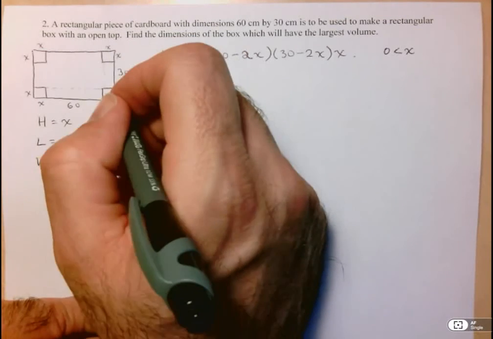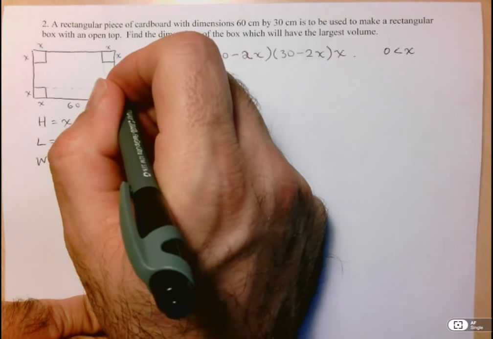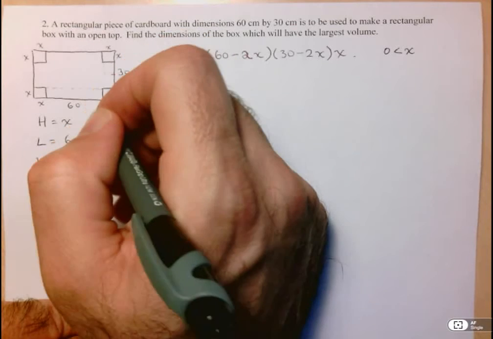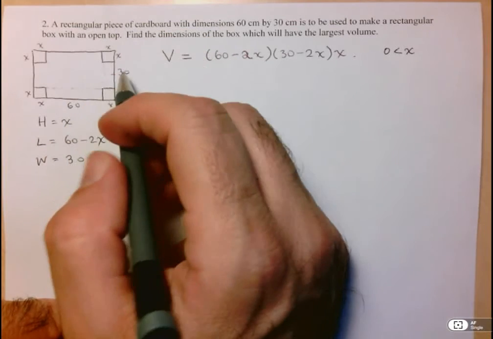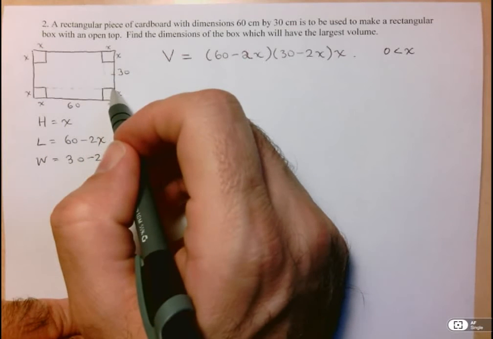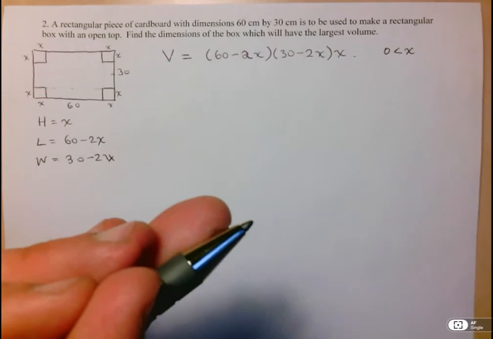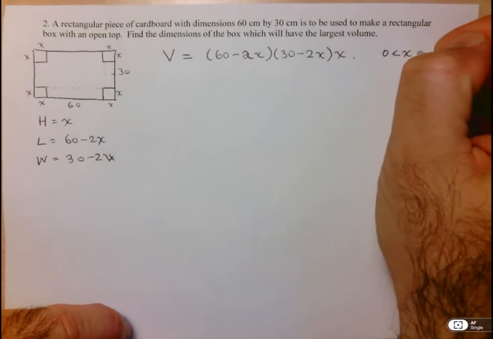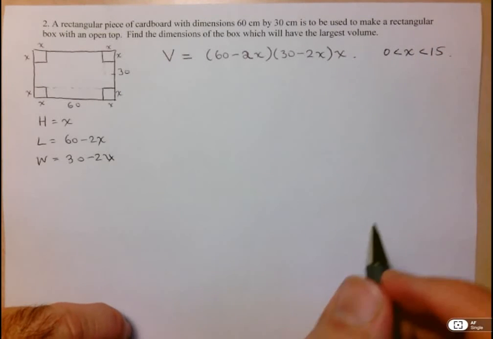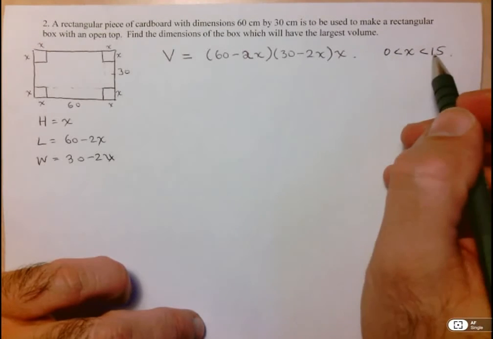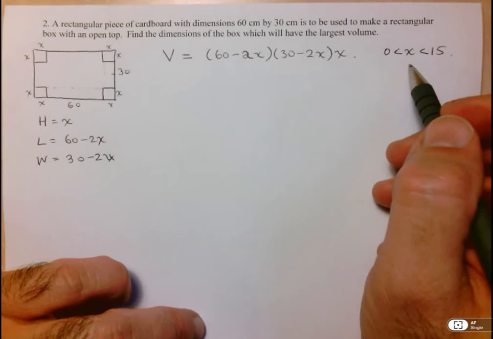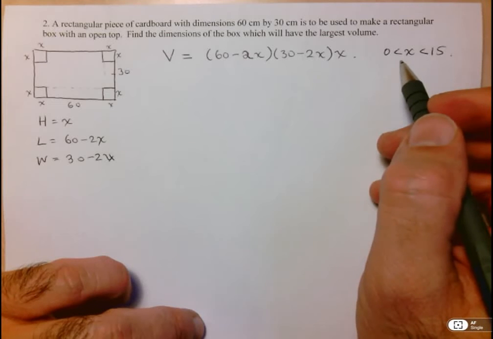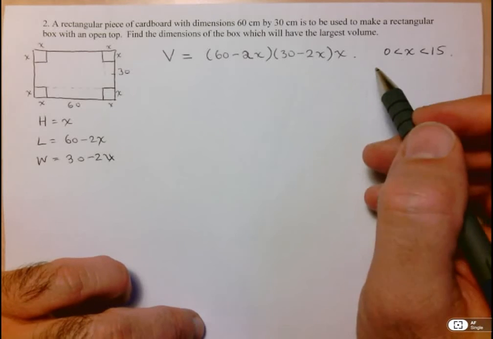We definitely can't have x be more than half of 30, so 15, because if x were equal to 15, you'd just be folding the sheet in two. You wouldn't actually be creating a box, so it has to be strictly less than 15. Notice we do not have a closed interval, so we're not guaranteed a maximum, but hopefully we will be able to find one.